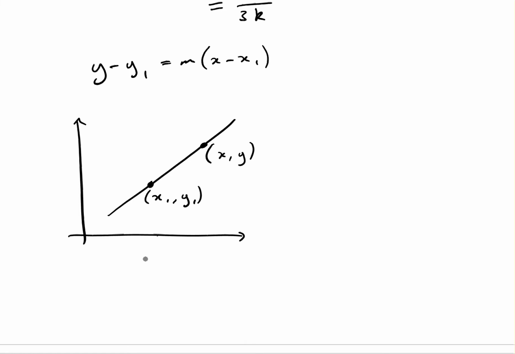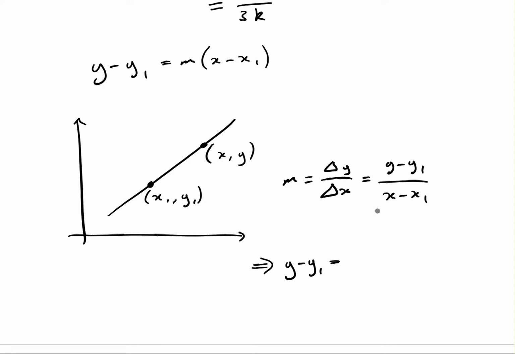The gradient will be given by the change in y over the change in x, which in this case is, change in y is y minus y1, and change in x is x minus x1. Then we do a little bit of rearranging. Let's get y minus y1 on its own first, equals m, we multiply through by x minus x1, and there we go, there's our little formula.